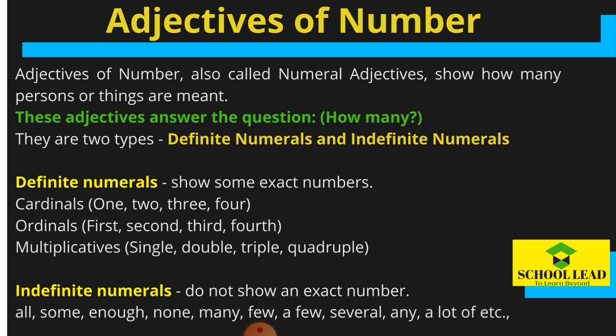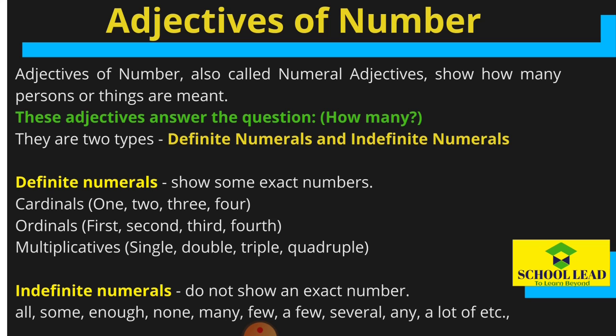So when they tell about the exact numbers, then they are the definite numerals. Ordinals, when they tell about the ordinal numbers like first floor, second floor, third, fourth. Even they can be multiplicatives like single digit, double digit, triple, quadruple.